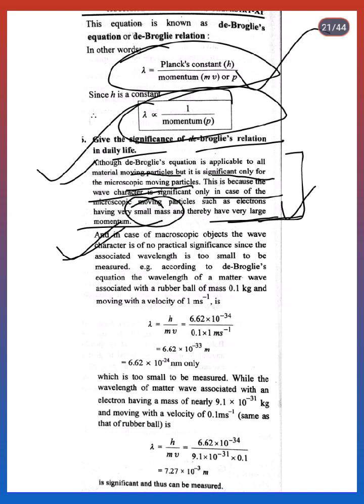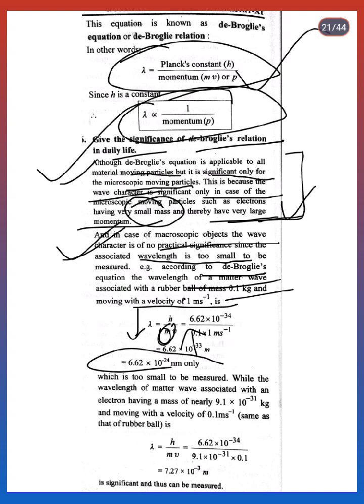But in the case of a macroscopic object, the wave character has no physical significance. If the m value, the mass, becomes very large, as for a macroscopic object, then the lambda value will become small. If lambda is small, it means the wavelength is too small to be measured. According to the de Broglie equation, the wavelength of the matter wave associated with a rubber ball of 0.1 kg moving with velocity 1 meter per second gives a value of 6.62 × 10⁻²⁴ nanometer only, which is too small to be measured.